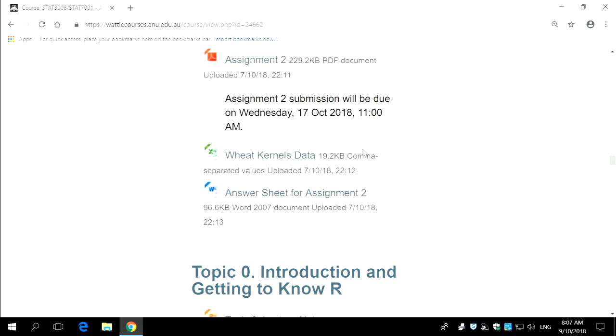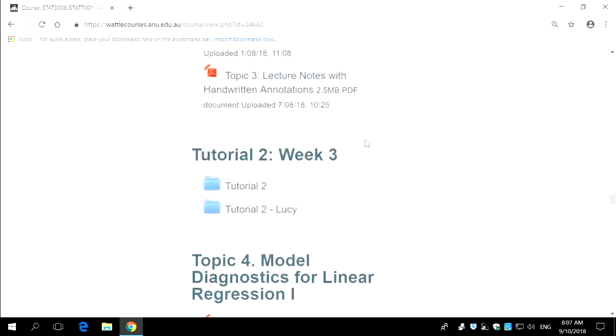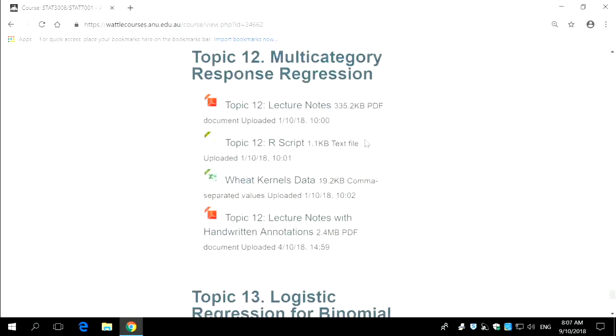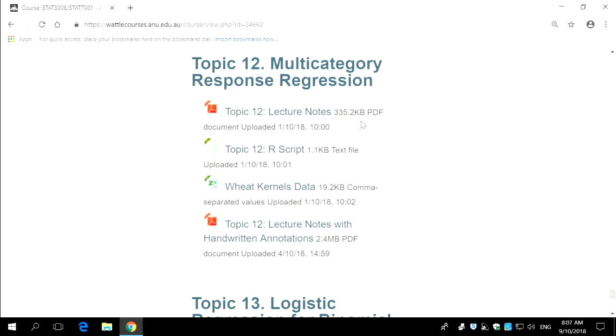So no questions, so let's just continue our topics. In the previous topic, we talked about multi-category response regression. Any questions about multi-category response regression?